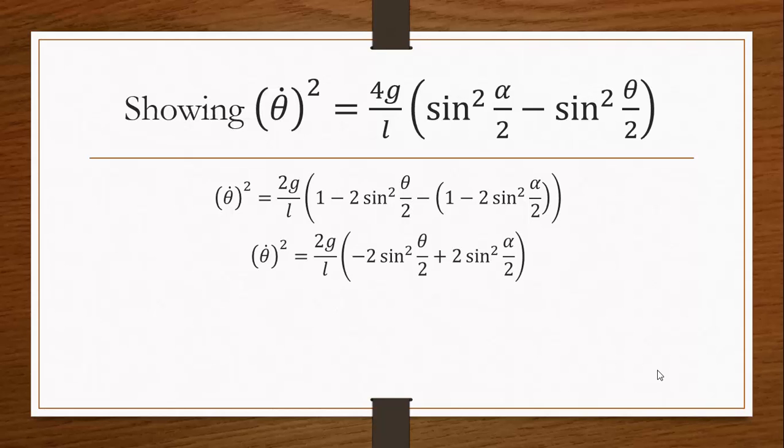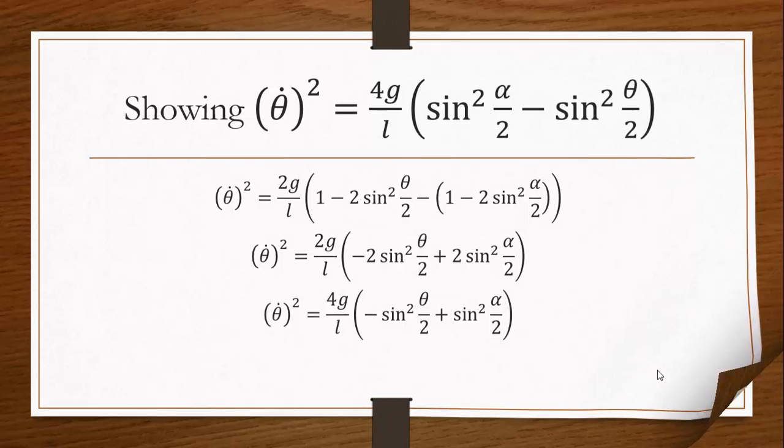Next, since the 1 cancels out, the equation becomes 2g over L times the quantity negative 2 sine squared theta over 2 plus 2 sine squared alpha over 2. Factoring 2 out, we get theta dot squared is equal to 4g over L times the quantity negative sine squared theta over 2 plus sine squared alpha over 2.